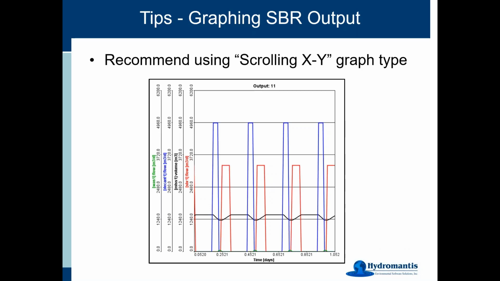That's why I recommended, as I showed earlier, using the scrolling XY graph type. I find this to be the most straightforward way to make sure my flows up and down are working quite well. You can specify the length of the window that you want to scroll along. It's 1 day by default, and usually I find that's really helpful to get everything rolling.